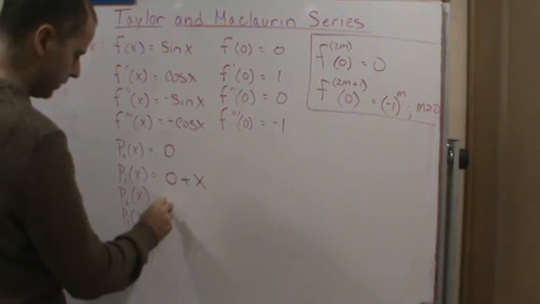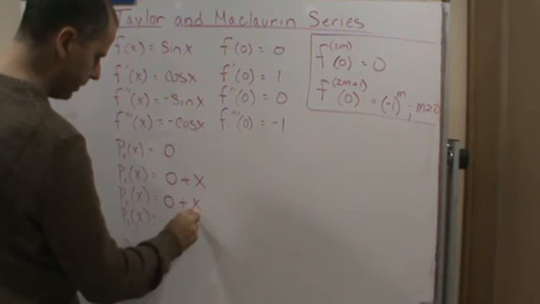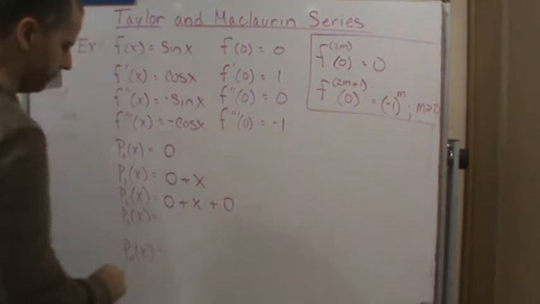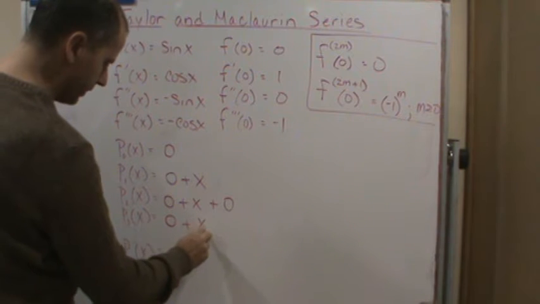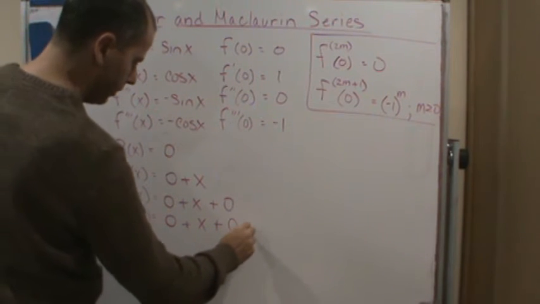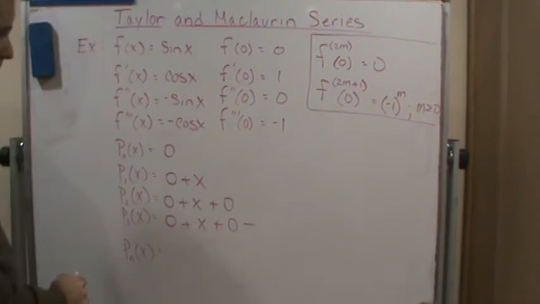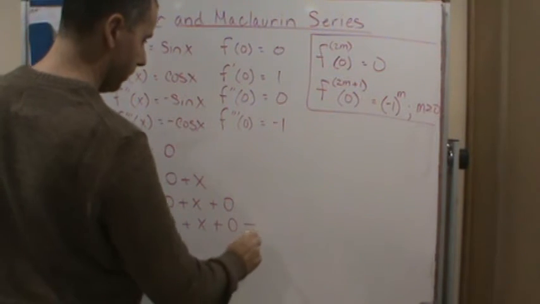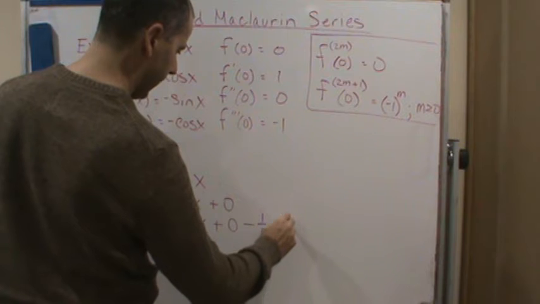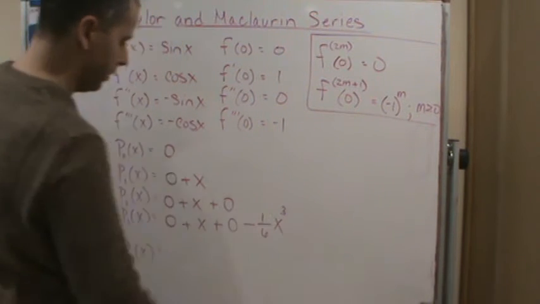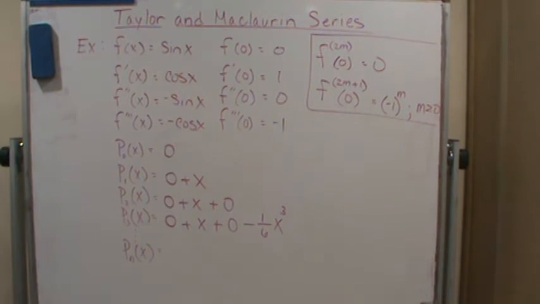And the next one is going to be 0 plus x plus 0. And the next one is going to be 0 plus x plus 0 minus 1/6 x to the third. That's what we had before, right?